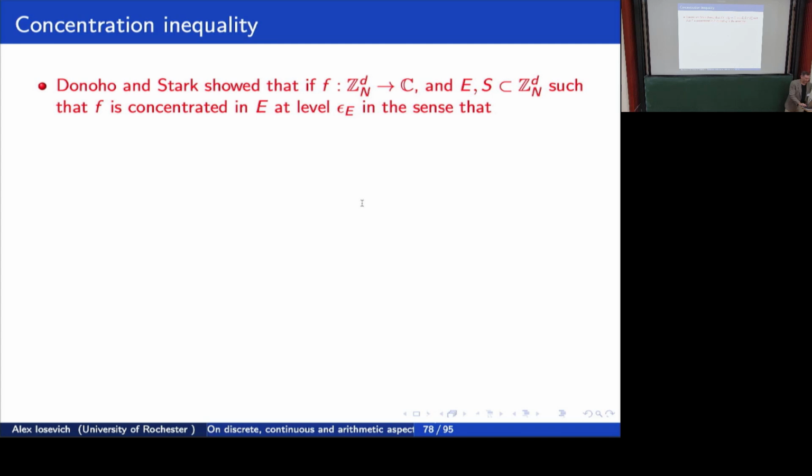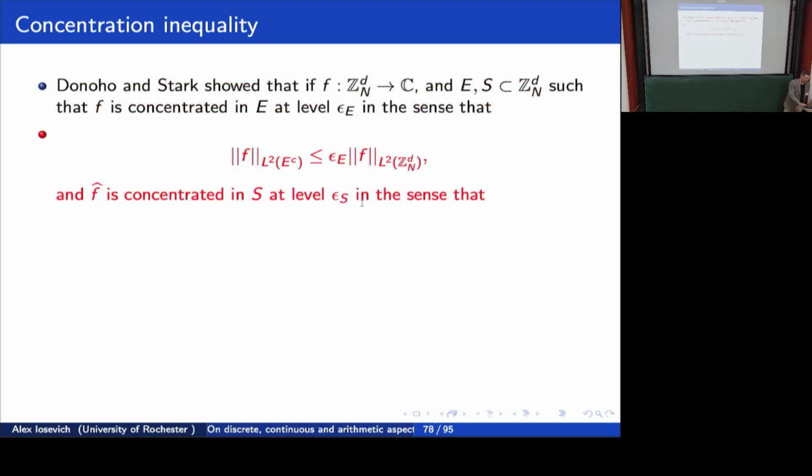Okay, so let me give you a few consequences of the annihilation inequalities. So Donoho and Stark proved in their paper that if f is a signal and E and S are in Z_N^d such that f is concentrated in E at level epsilon_E in the following sense, so the L2 norm of f on E complement is bounded by epsilon times the L2 norm of f in the whole space.